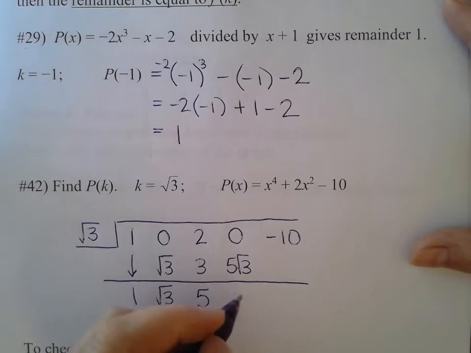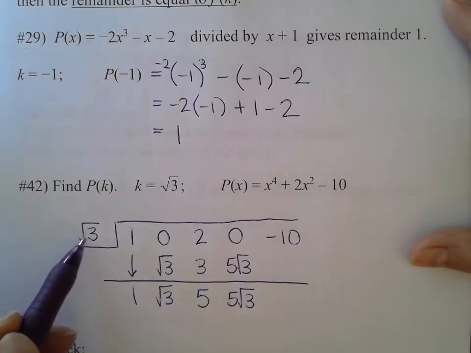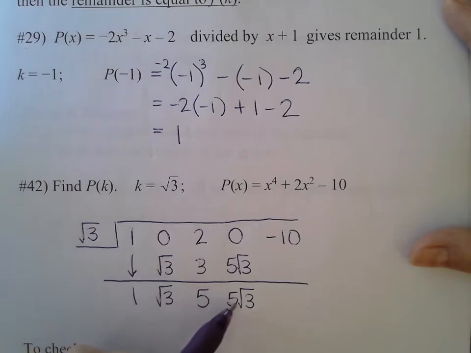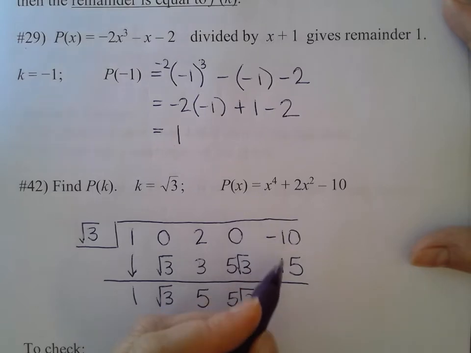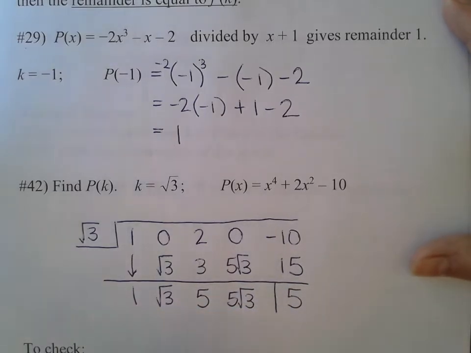Add down, and then multiply square root of 3 times 5 square root of 3. That's like 5 times 3, because the two square roots multiply to be 3. So that's 15. And add down is 5. So 5 is my remainder.